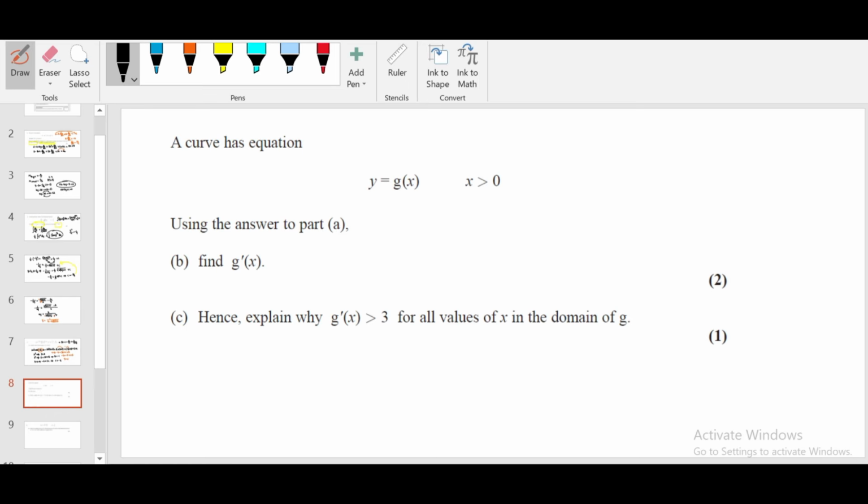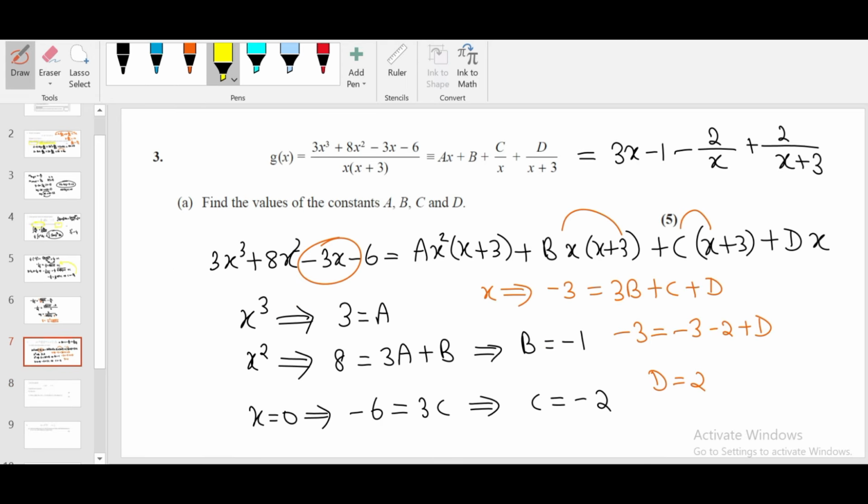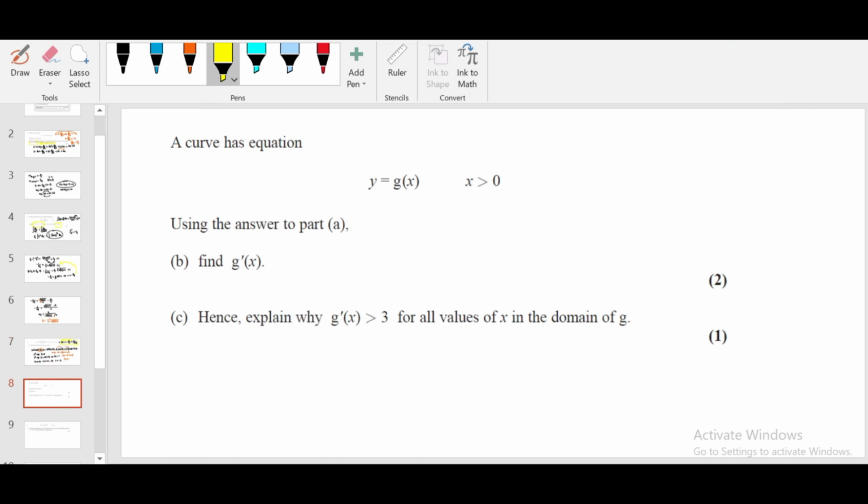Part B, find g dash of x. We have g of x here, the answer from part A. Let's write g of x here. g of x is equal to 3x minus 1 minus 2 over x plus 2 over x plus 3.